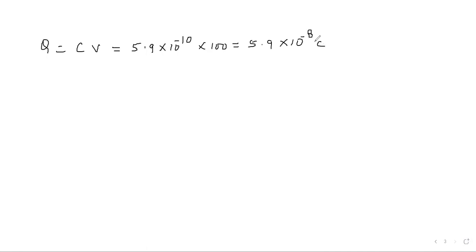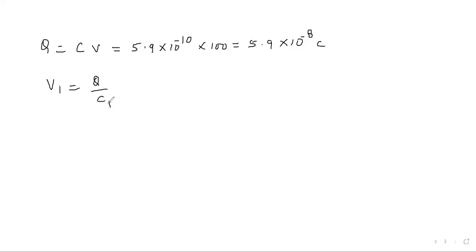Now, when battery is removed and dielectric is also removed, then charge will remain same, and hence capacitance becomes C1 again. So we write V1, we are applying Q equal to CV. So V1 equal to Q upon C. Here C will be original one, suppose we write it C1.